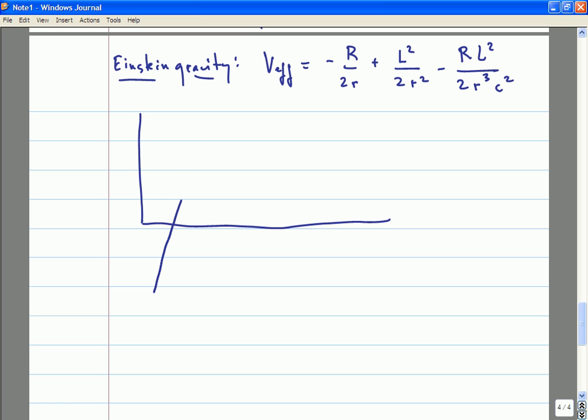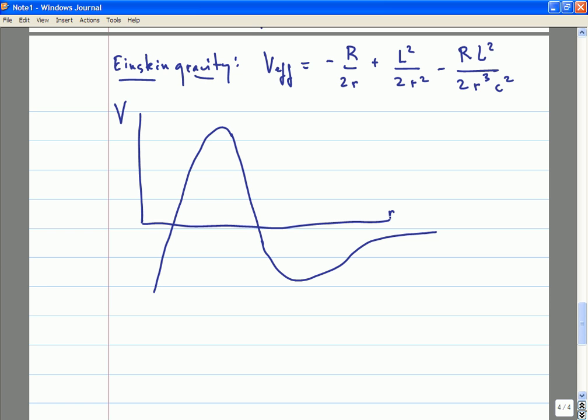And then the 1 over r squared term, which is the angular momentum barrier, will take over. And then, finally, at very large radius, the usual 1 over r behavior will take over. So this is what V will look like as a function of r.